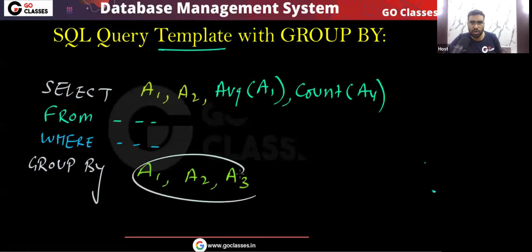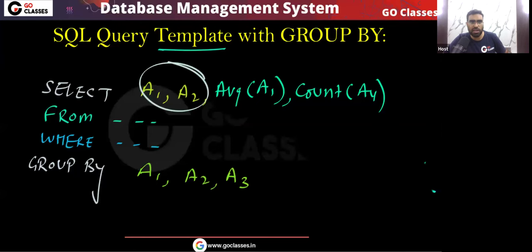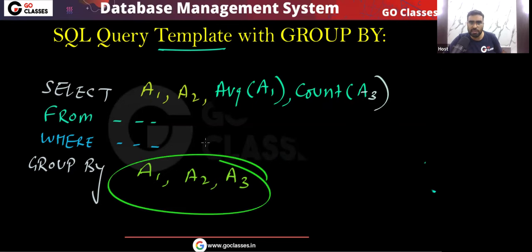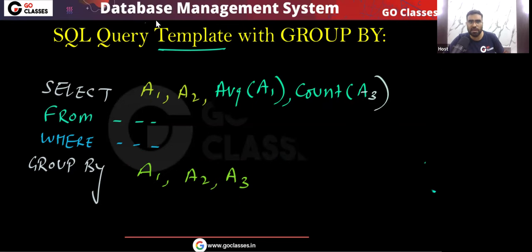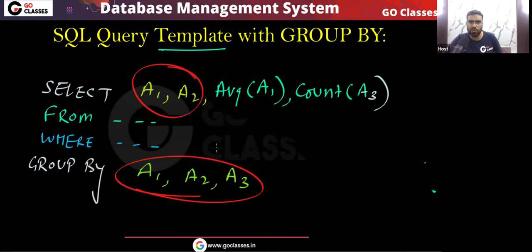But remember, here you have a1, a2, a3 and here you don't. Maybe let's assume c. Now, can I say this is allowed? No, no, no. These must be as it is, unaggregated. So this is also not allowed, because here you have a1, a2, a3 and here you have a1, a2.